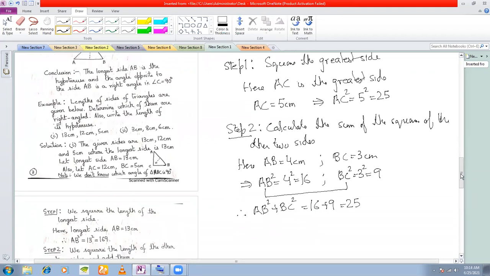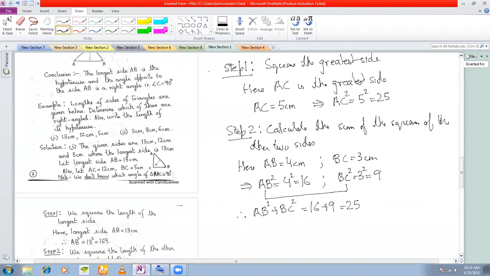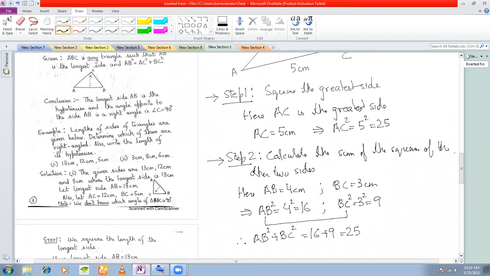In the next step, once I have finished step one, that is once I have squared the greatest side, and I've squared the sum of the lengths of the other two sides. Next step is to check whether the square of the greatest side is equal to the sum of the squares of the other two sides.